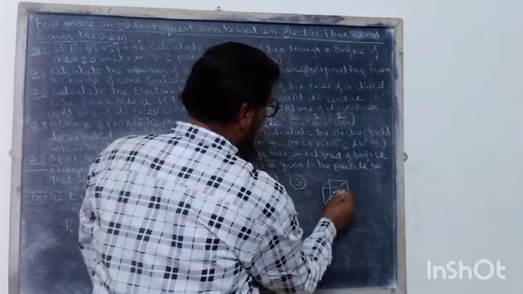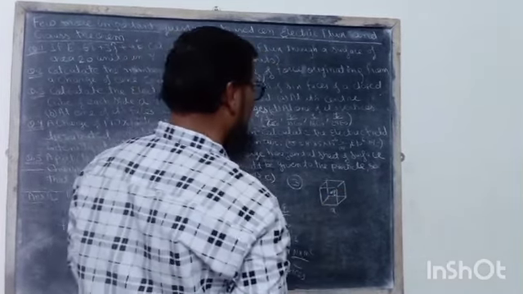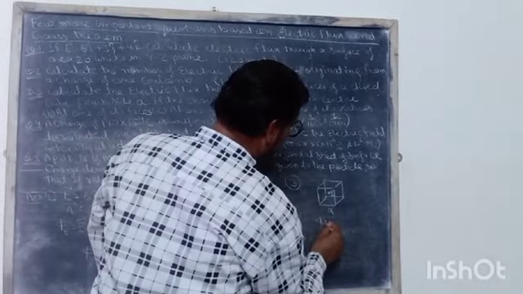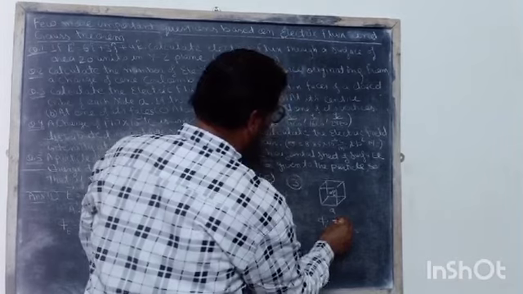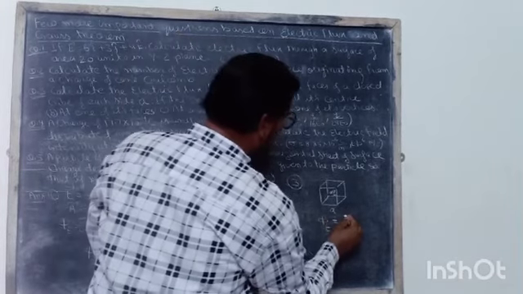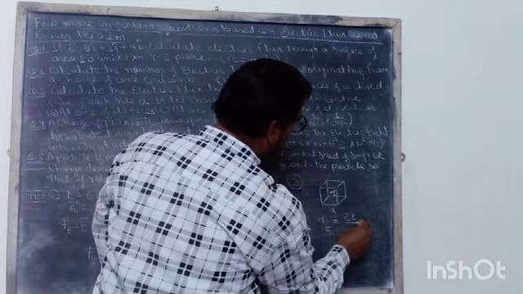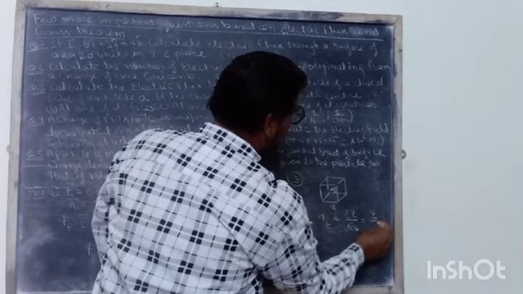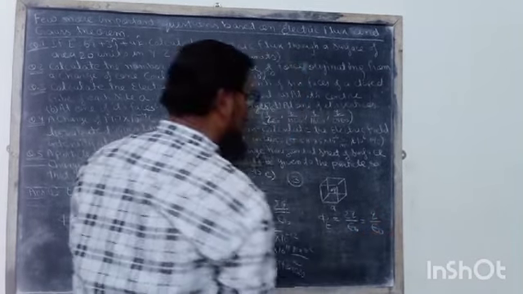So this cube encloses the charge Q, and according to Gauss theorem, the net outward flux from this cube will be summation Q upon epsilon naught.